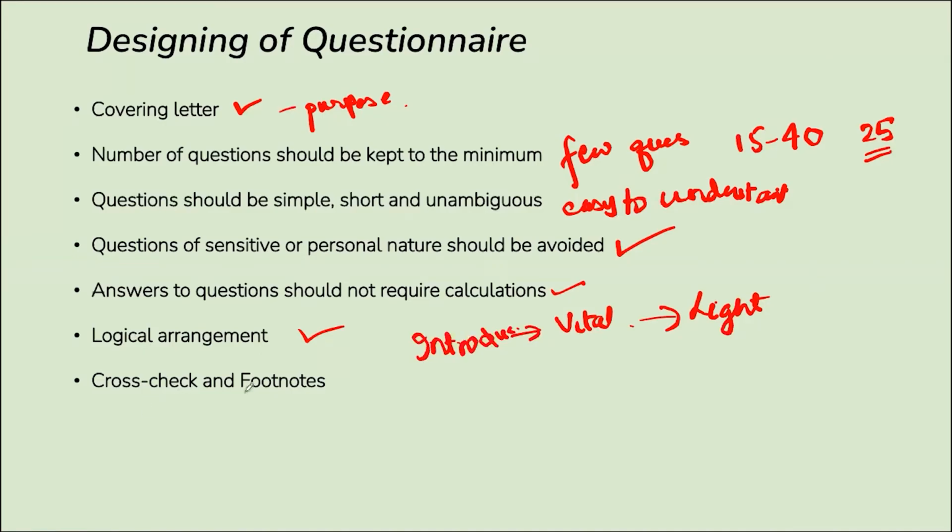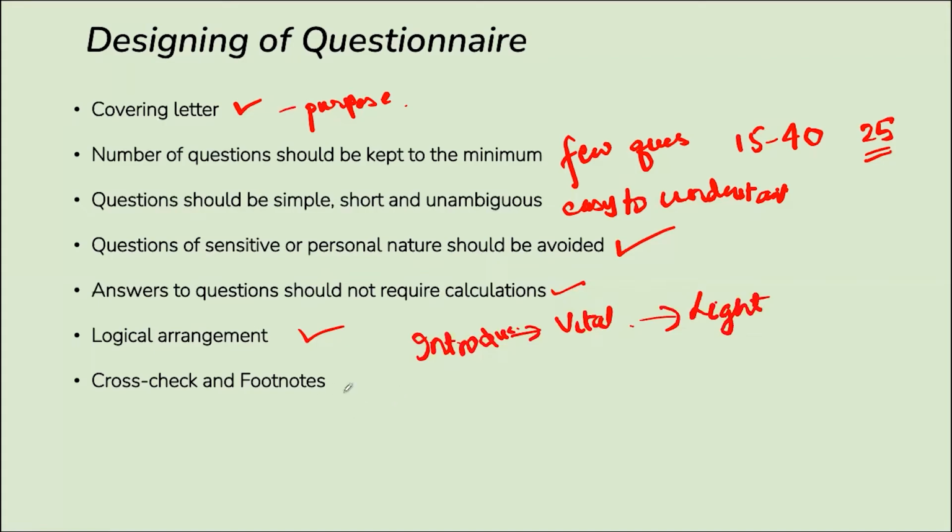And then cross-check and footnotes. Cross-check and footnotes are basically used to check the reliability of the information. For example, when a question related to income is asked, it is desirable to include a question, are you an income tax assessee?